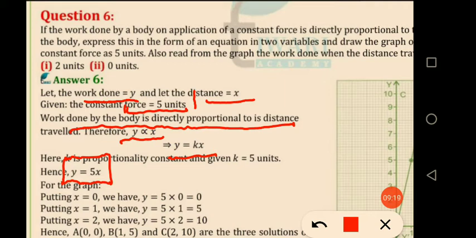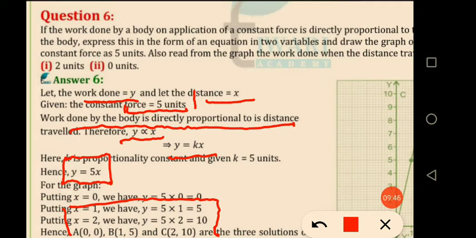Now we have to plot the graph of the equation y is equal to 5x. So we put x is equal to 0, y we get 0, x is equal to 1, y is 5, x is equal to 2, y is 10. So the 3 points which we got, A, B, C, are (0, 0), (1, 5) and (2, 10) respectively.